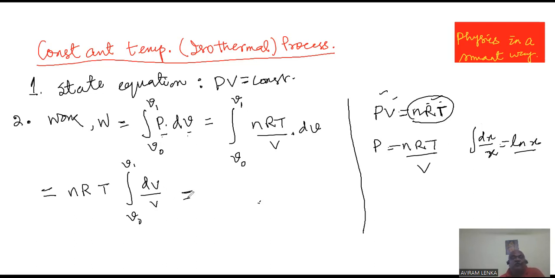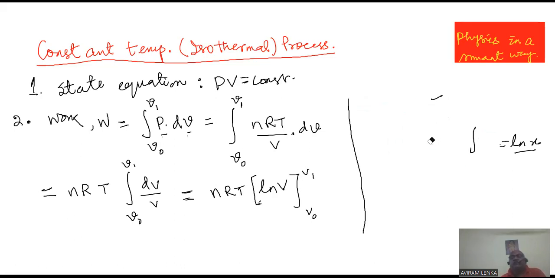That will be nRT times ln V1 minus ln V0.